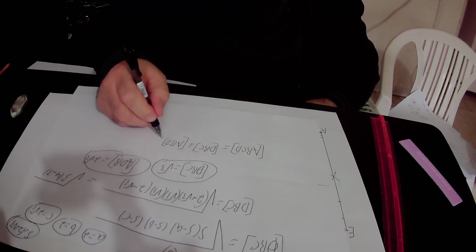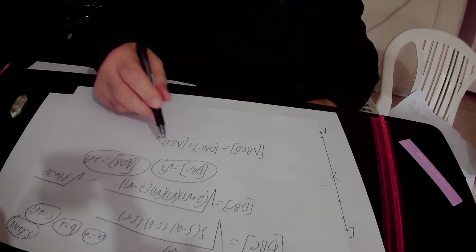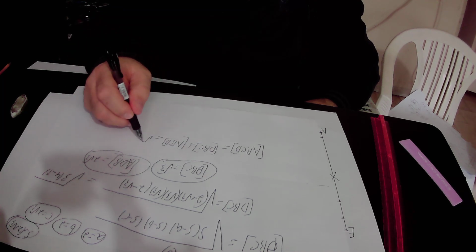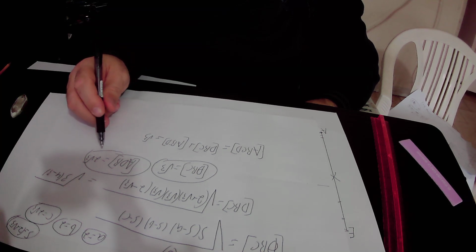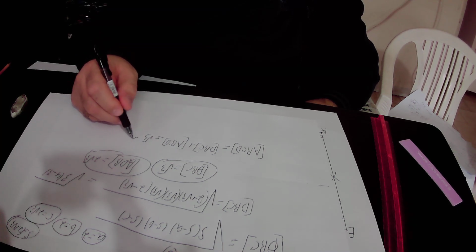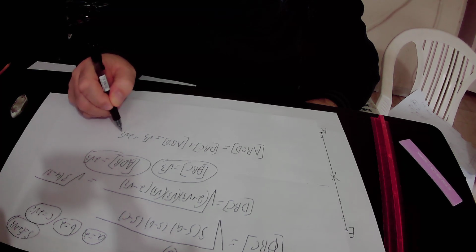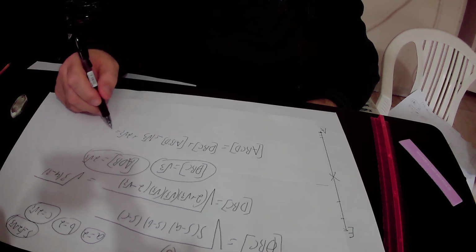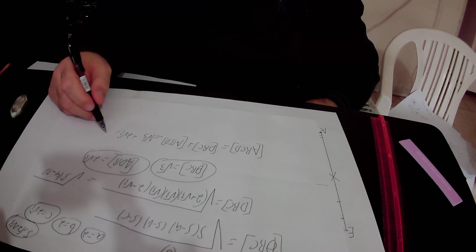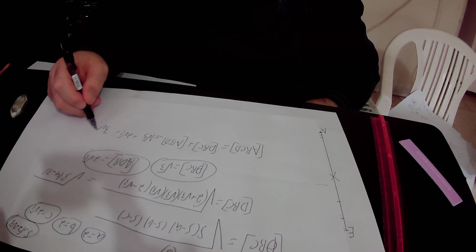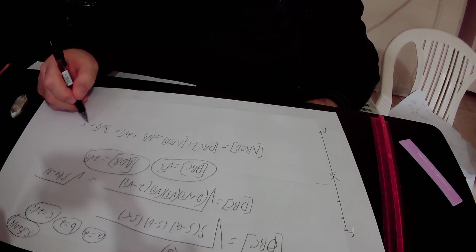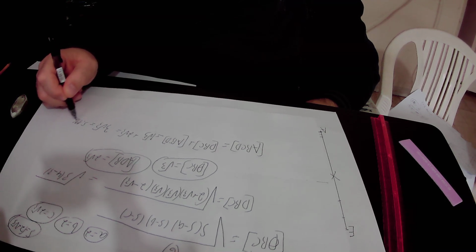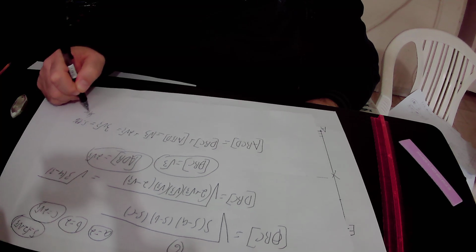So the area of quadrilateral ABCD equals the area of triangle DBC, that is square root of 3 units, plus the area of triangle ADB, that is 2 times square root of 3 units. 1 times square root of 3 units plus 2 times square root of 3 units equals 3 times square root of 3 units, or in terms of numbers, it equals 5.196 square units.